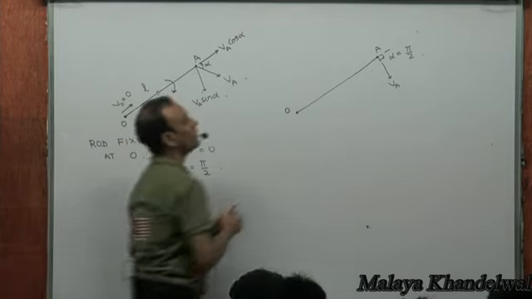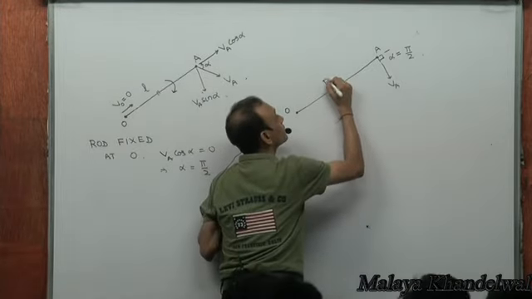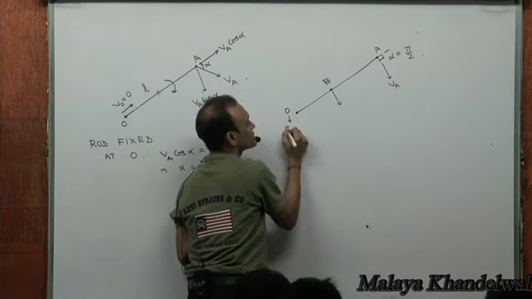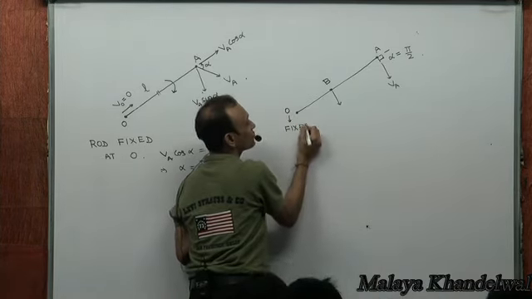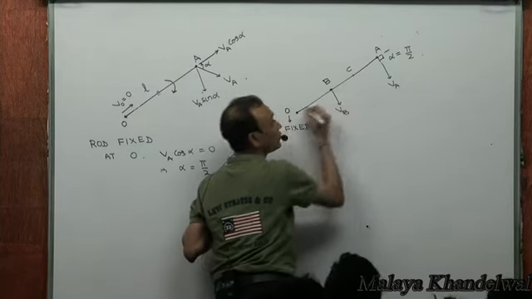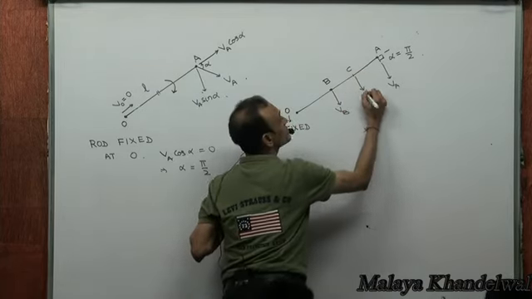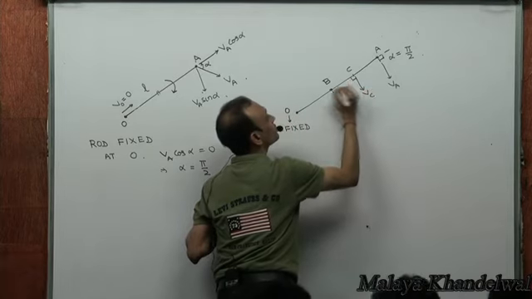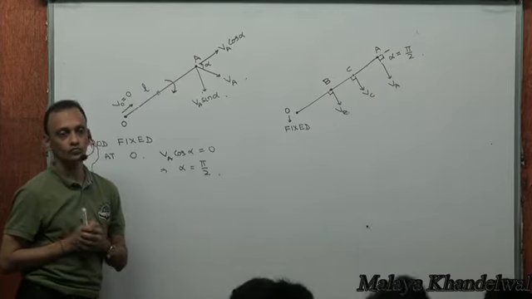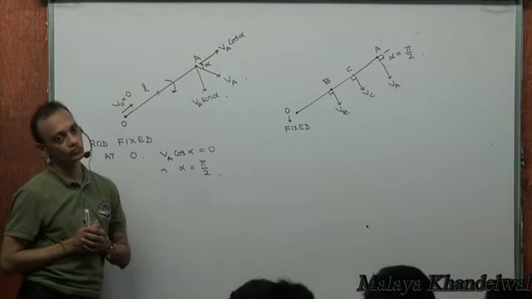In fact, if I take any other point B, then if O is fixed, the velocity of B must also be perpendicular to the rod. If I take a point C, if O is fixed, then the velocity of C must also be perpendicular to the rod. Yes or no? Got me now?